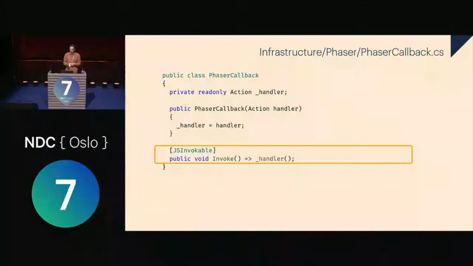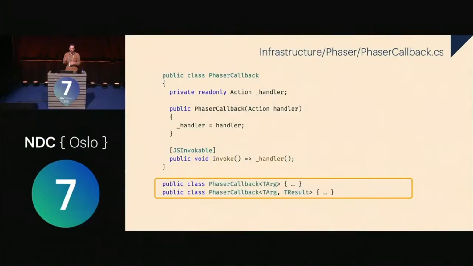So now if my JavaScript code calls this Blazor callback, then this callback class will call my action, and the action can be whatever I want it to be on the .NET side. And I also have 2 other variations of this class. One for the case where JavaScript needs to pass an argument, and another one where I want to pass an argument but also want to get a return value back.